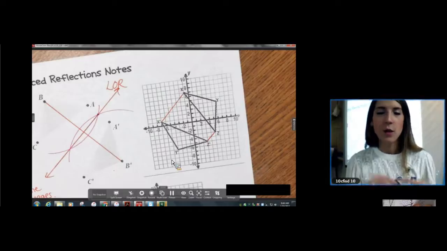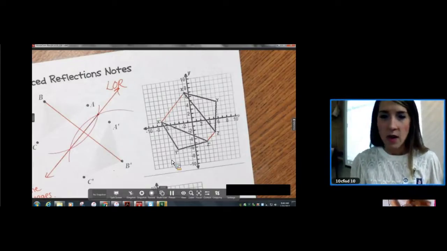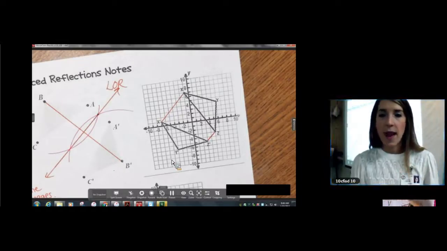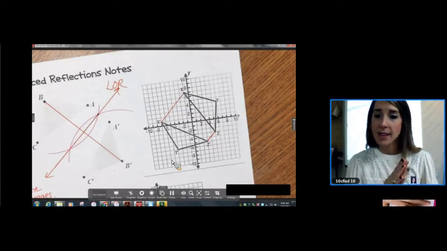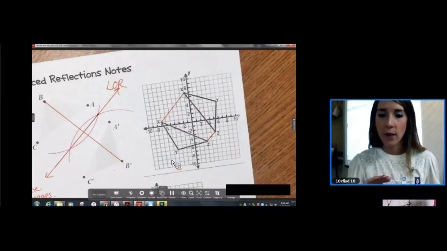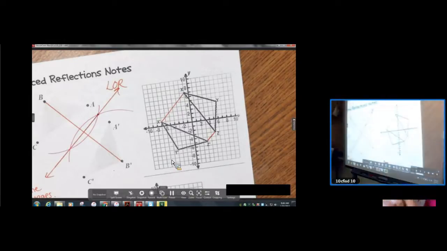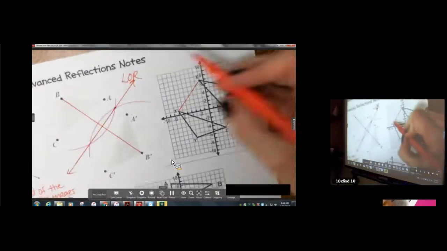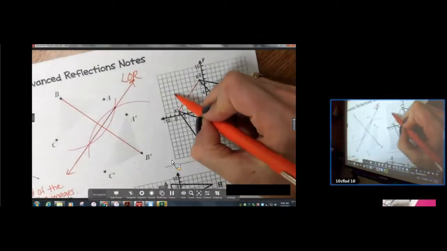Now, of course, you could find those coordinates and use the midpoint formula, but that's going to take you a while. You can always count from x prime to x, count your rise and your run, and then just go half of your rise and half of your run. Yes, counting is allowed and acceptable. 1, 2, 3, 4, 5, 6.